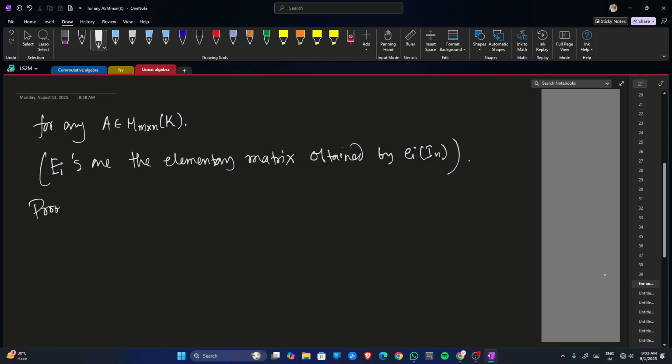Proof. What is the proof? Just simple matrix multiplication.